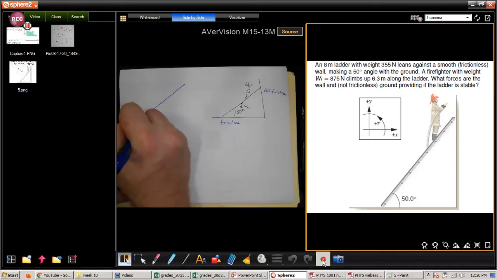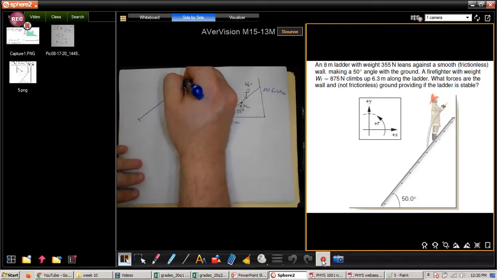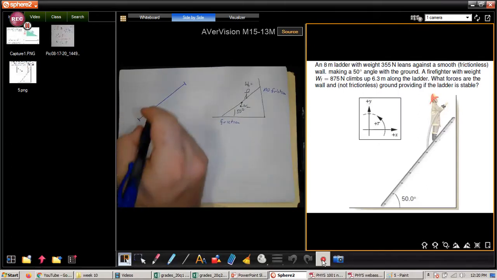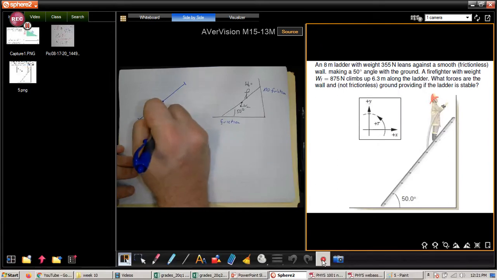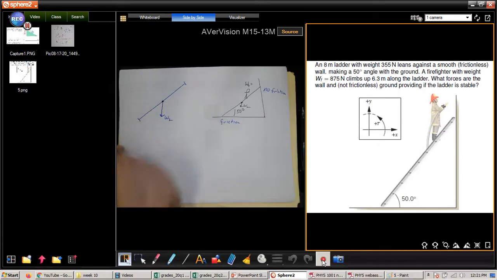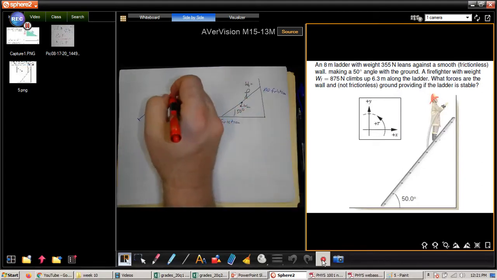So we'll mark this end as some point, and this end is some other point. Right in the middle is the weight of the ladder, and that is always going to be straight down. Then somewhere up here, there's going to be a weight for the firefighter.